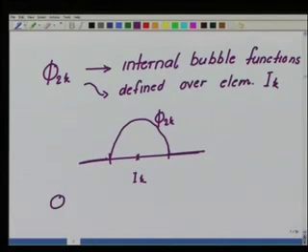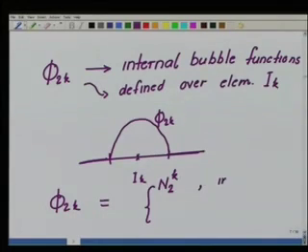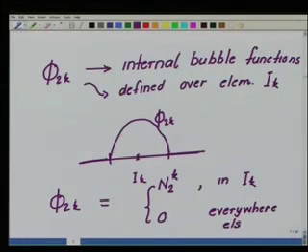So what we know now, that phi 2k is equal to, by definition, n2 of element k in element ik and 0 everywhere else.